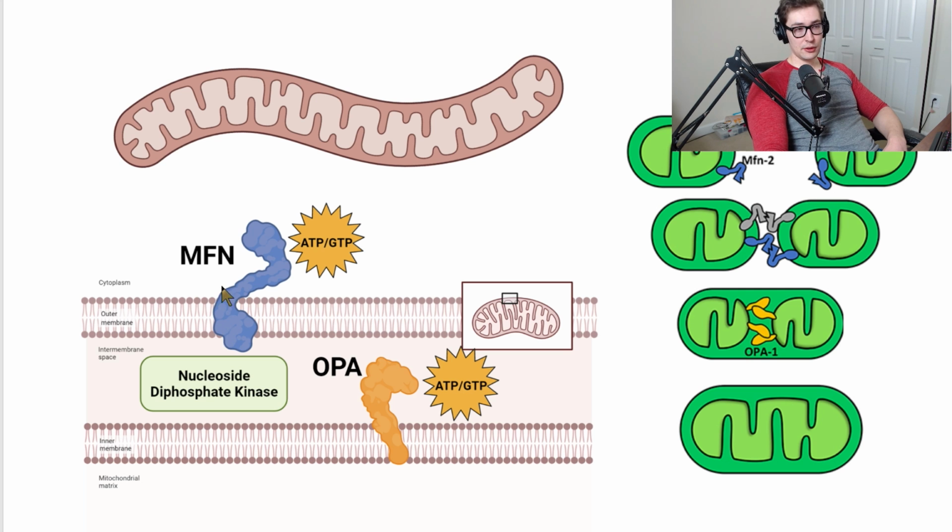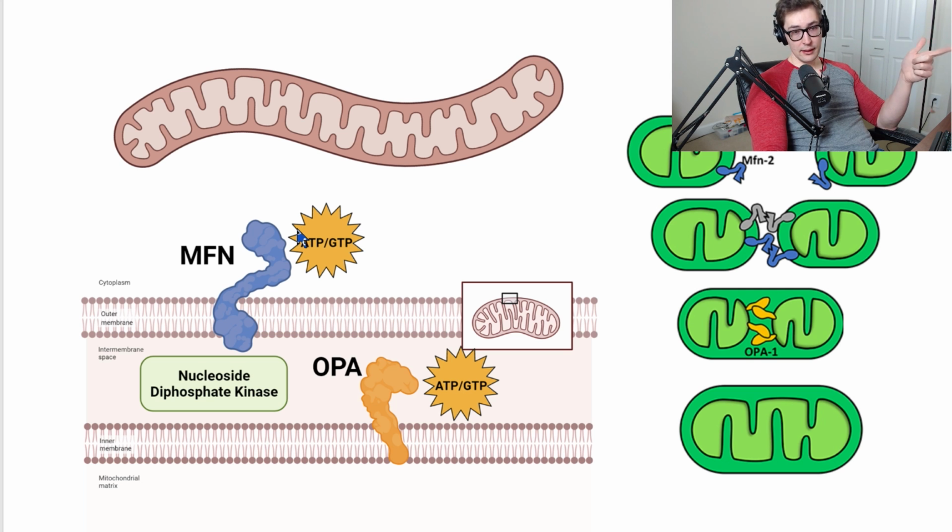So they're not actually sure, at the point of this review at least, if MFN responds to ATP levels or GTP levels. And OPA is the same thing. The leaning, however, by the researchers and by myself, is that it actually responds to GTP levels. So ATP is adenosine triphosphate, an adenosine molecule with 3 phosphates on it.